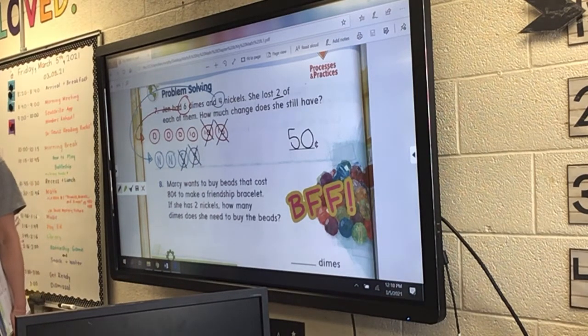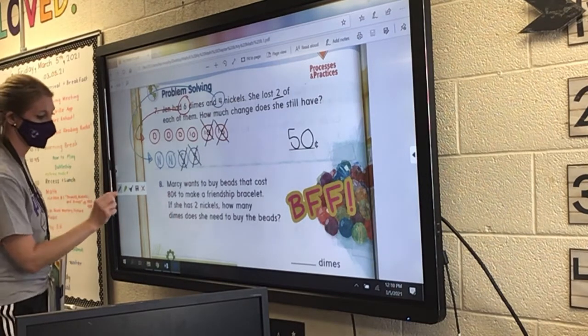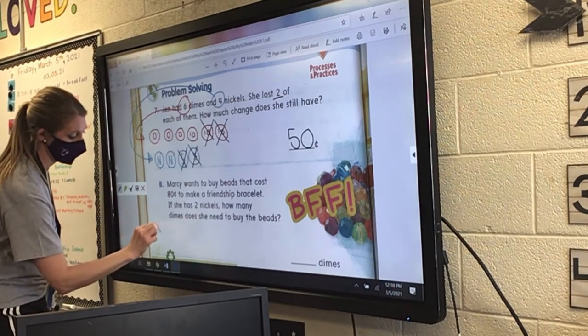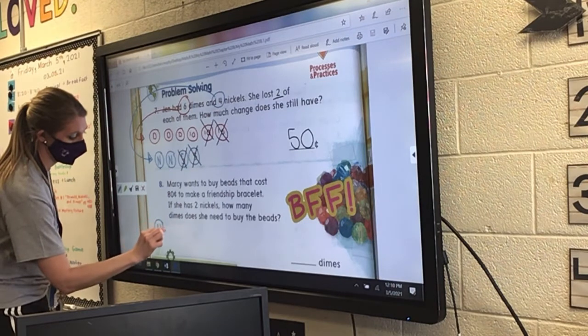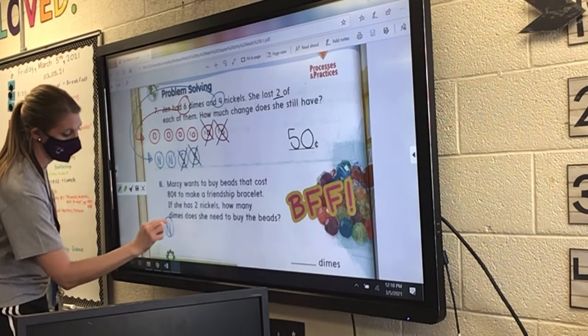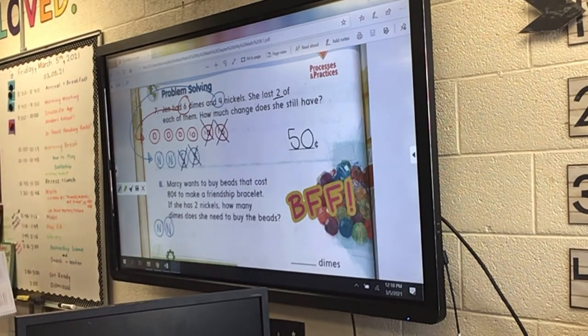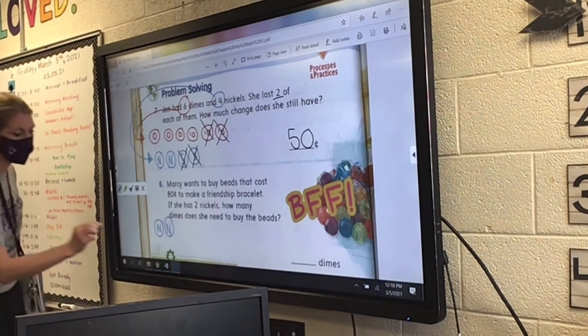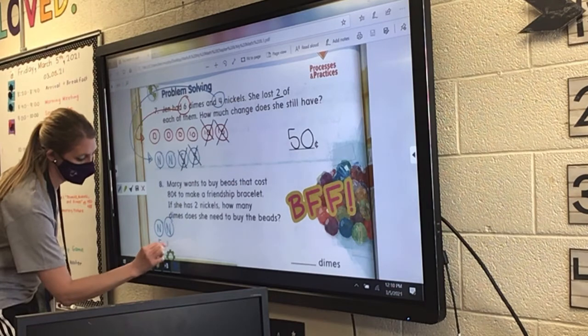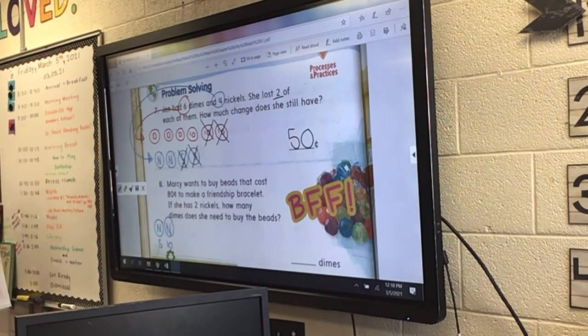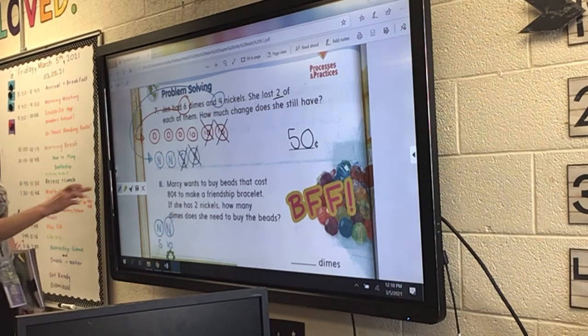So let's start drawing 2 nickels, because we know she has 2 nickels. So guys, if I have 2 nickels, how much is that? Kaden? 5, 10. 10 cents.